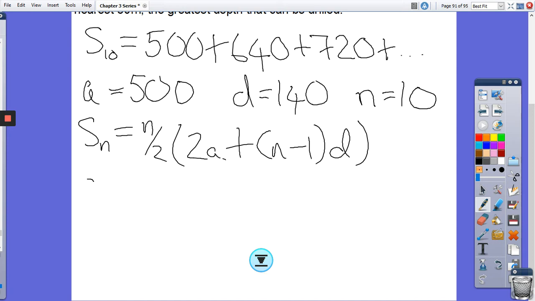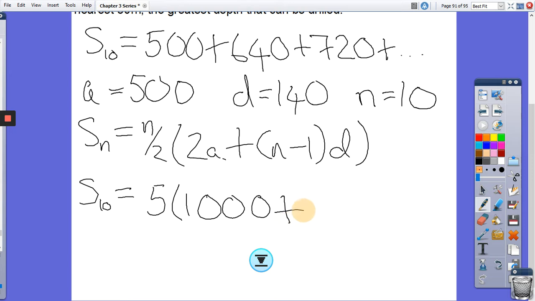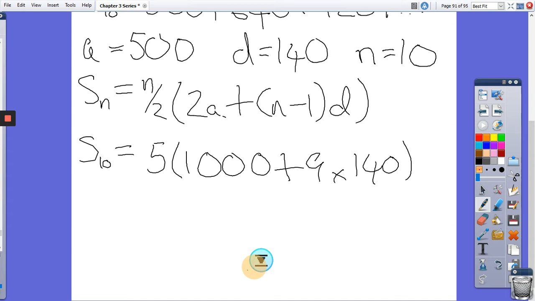So we're looking at the sum of the first 10 terms, and n over 2, that's going to be 5. 2a is going to be 1,000. n minus 1, that's going to be 9, and we're timesing it by 140. What you're going to do now is plug it all into your calculator, and hopefully you will end up with £11,300.